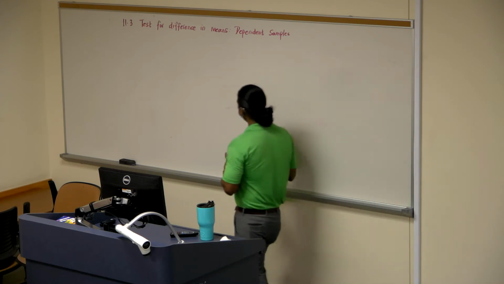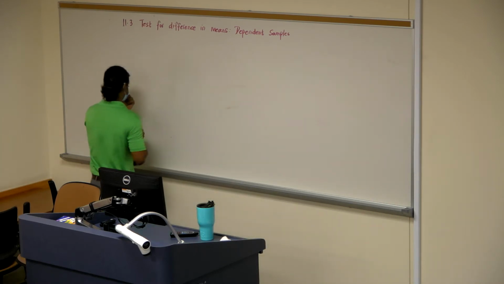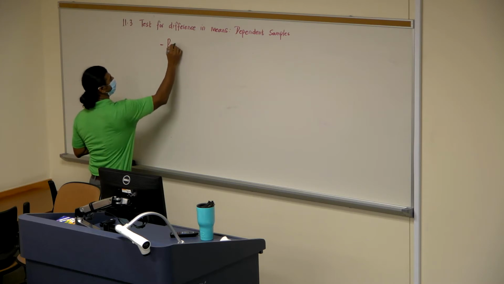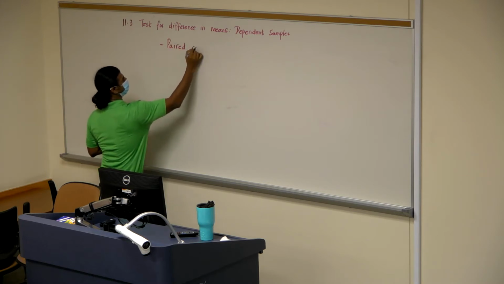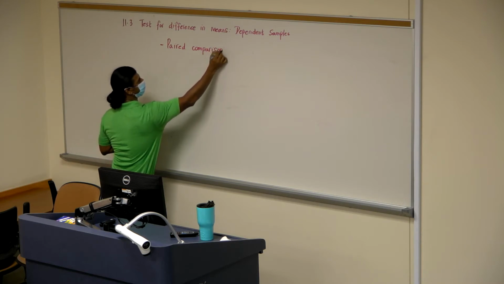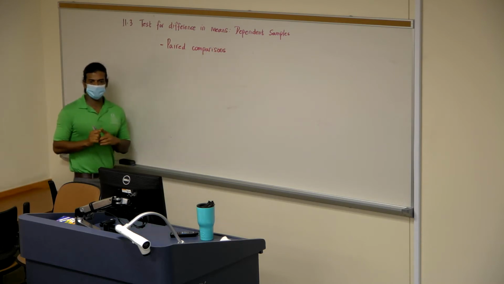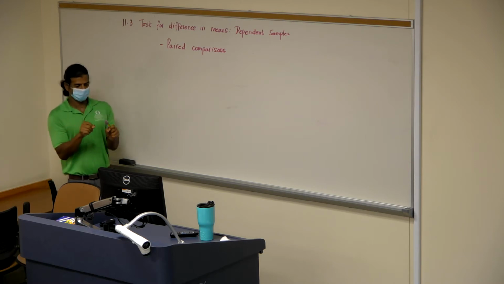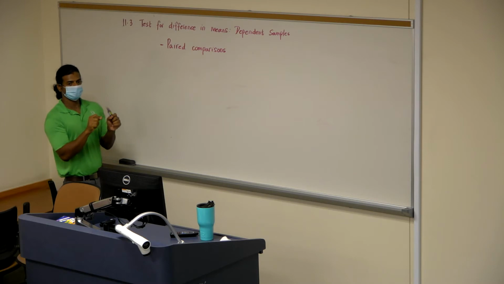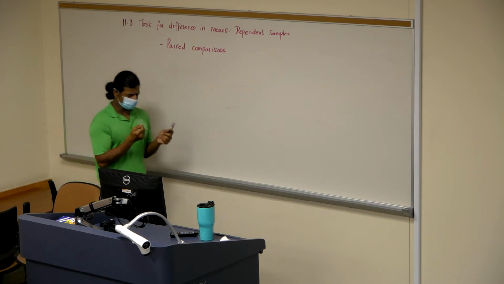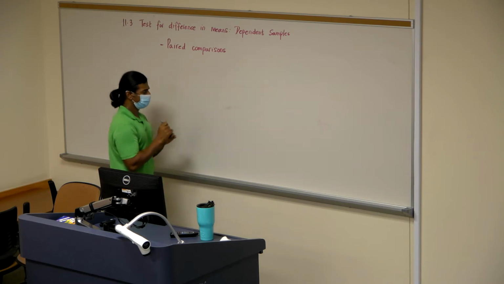But this time, we are going to find difference in means for paired comparisons. And we all know what paired means. We have X and you have a corresponding Y. They are dependent on each other. Do you agree?